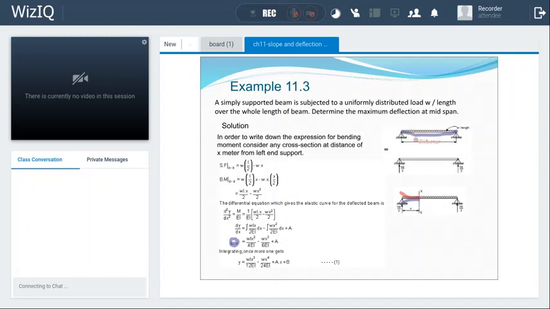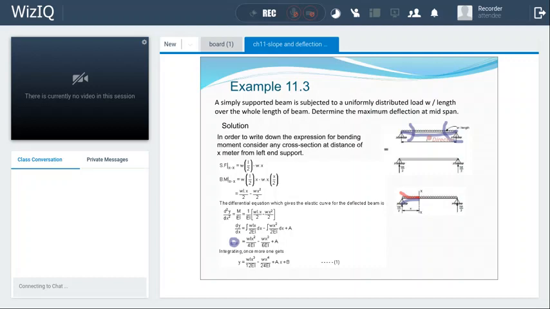Here the beam is rotating in the clockwise direction, and in this case the beam is rotating in anti-clockwise direction. So there will be a point in between. Because of this symmetric loading, that point will be in the center of the beam, so that distance will be L by 2. We can also calculate the value of maximum deflection.